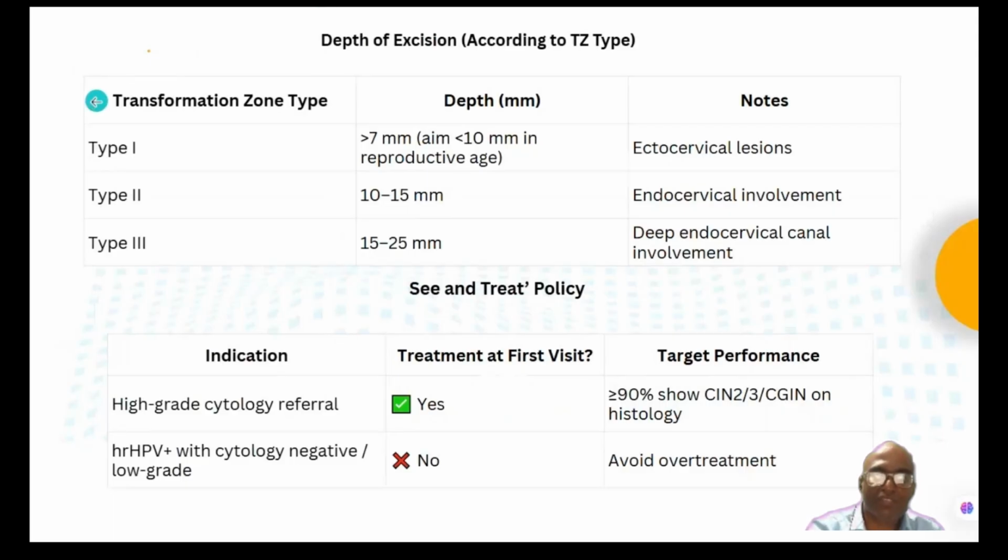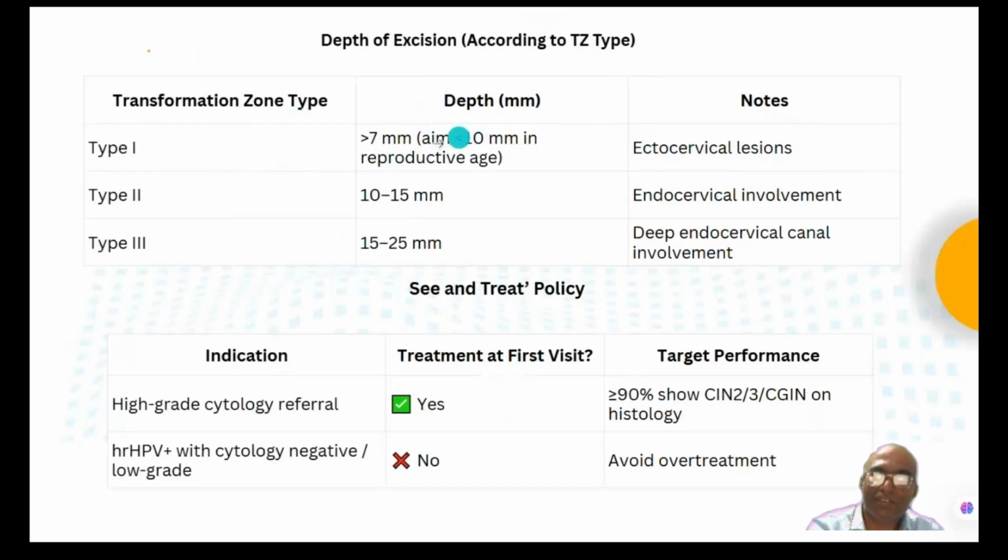Now, this is what we have just seen previously. What is the type of transformation zone? Then, when you are excising, how much to excise? This will depend upon the transformation zone type. You have three types of transformation zone: type 1, type 2, and type 3. If it is type 1, the lesion is completely ectocervical.